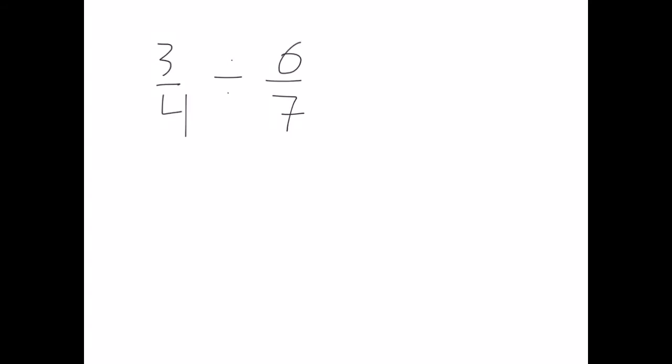Alright, so now we got lesson 3.7, dividing fractions. We're actually not going to divide. Since it's dividing fractions, you keep the first number, flip the second number, and then you change the sign.